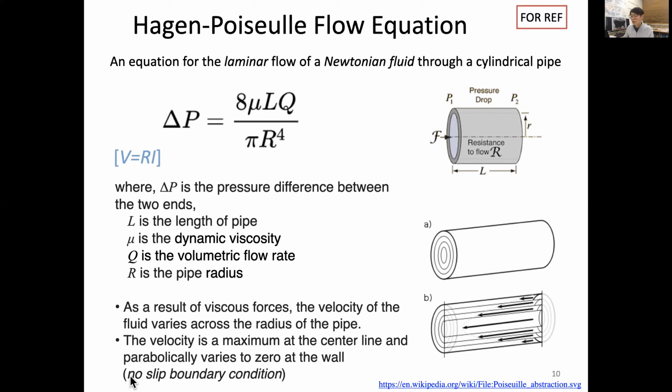So this is called the no-slip boundary condition. At the surface there's very little or zero velocity, and in the middle it's higher. If you solve the equation, you will get the velocity is maximum at the center, and this velocity profile will look like a parabolic shape.